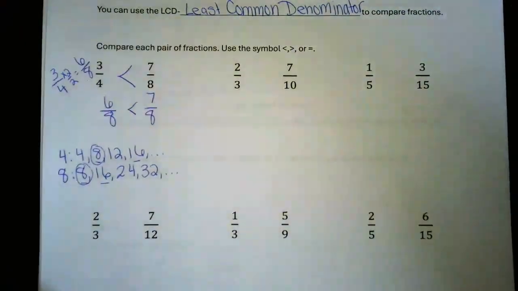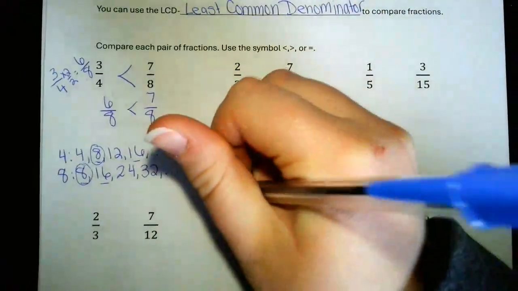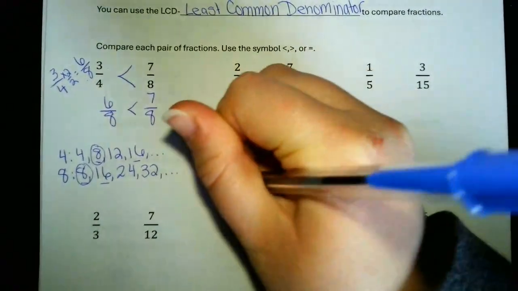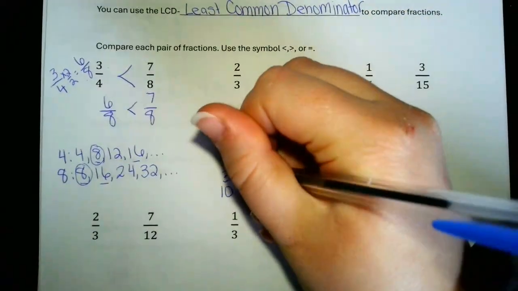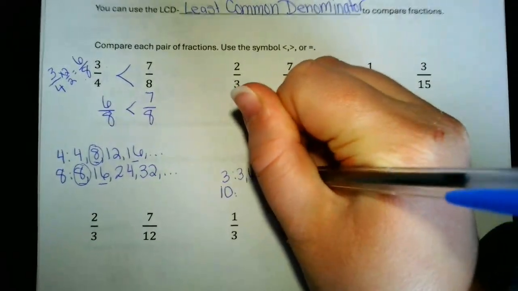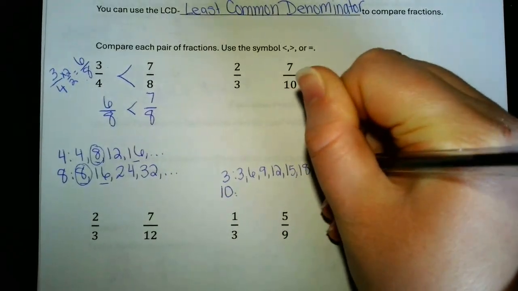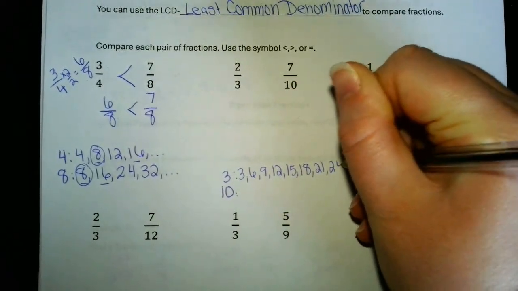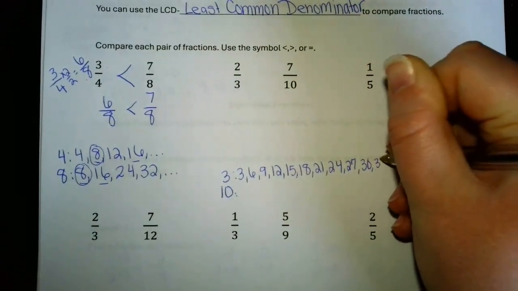So we can now move on to 2/3 and 7/10. Do the same thing. We have to list the multiples of 10 and the multiples of 3. Multiples of 3 are 3, 6, 9, 12, 15, 18, 21, 24, 27, 30, and 33.